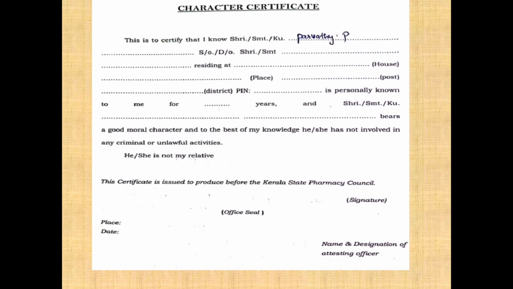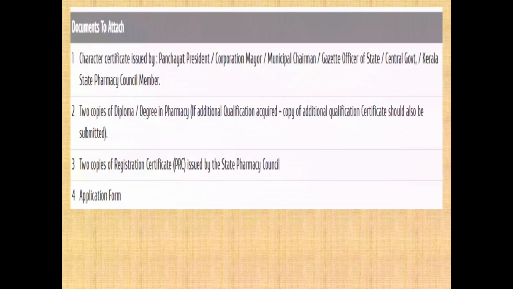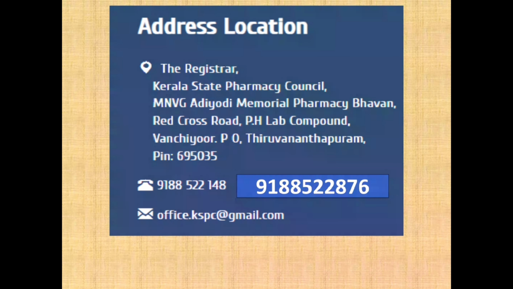Speed post is better, so you can enter the details everything correctly, and the address also I mentioned in the 12th slide. The address and contact number also mentioned. The contact number mentioned on the site is not working, unfortunately, it's not getting through. So I mentioned the new number.